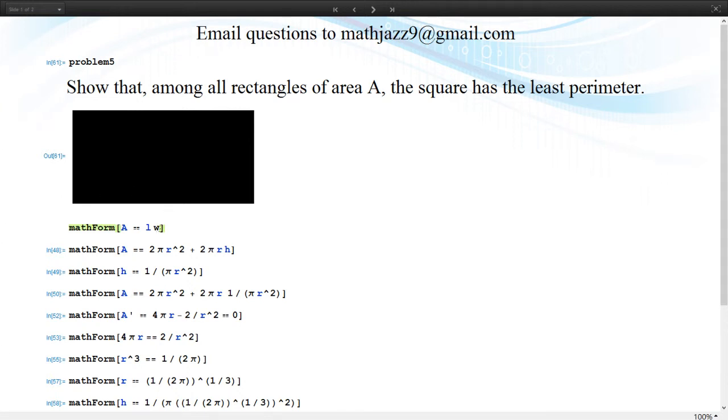Mathematica is remembering that the W, I accidentally assigned it a value. So maybe we should go to length times height, since height doesn't accidentally have a value. The perimeter is equal to 2 times the length plus 2 times the height.